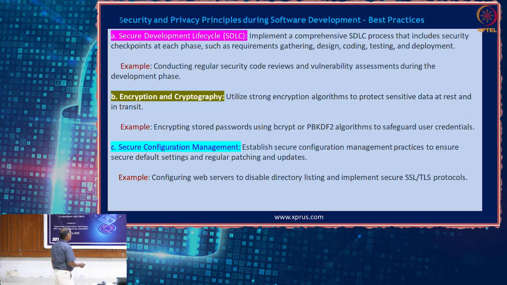See, secure development: don't confuse the software development life cycle with secure development. SDLC is commonly known as the software development life cycle, but when you do the SDLC, it is also meant as a secure development life cycle. When you do it, have security checkpoints everywhere. For example, requirements gathering. You ask the end user, what should be your key requirement when it comes to security?